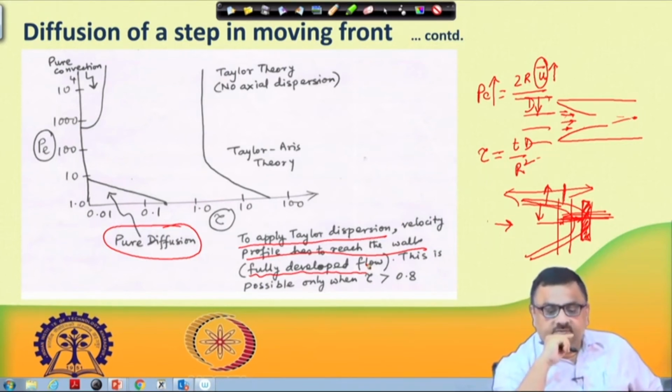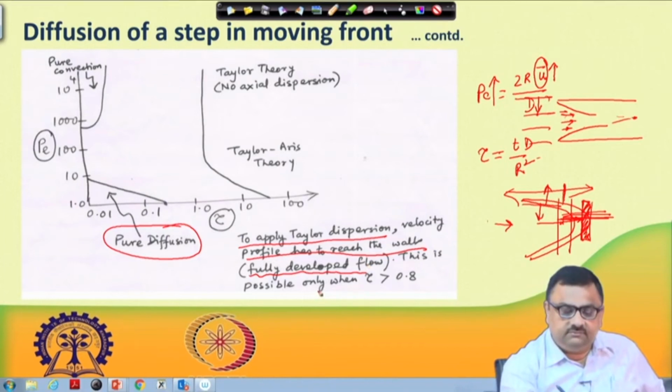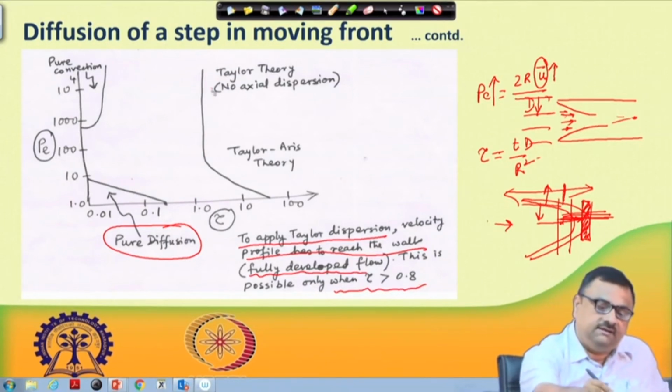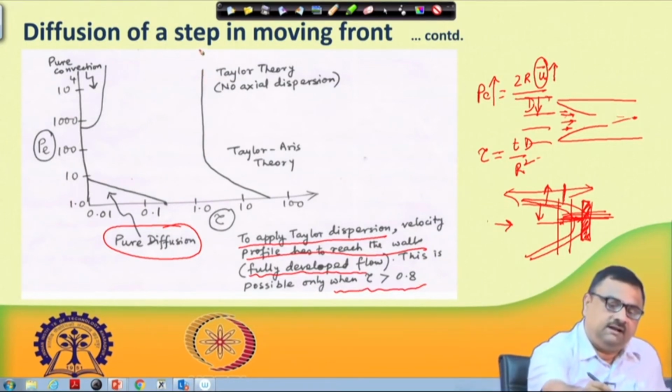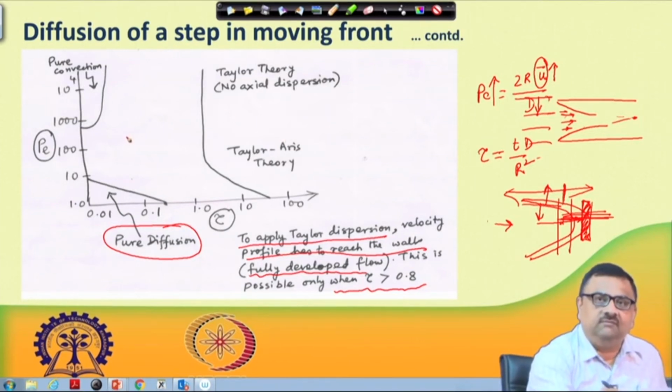This is a typical empirical information that the researchers are providing, possible only when tau is greater than 0.8. So, you can see here there is a line almost, and they said that if tau is greater than this number, then only Taylor theory, Taylor-Harris theory, Taylor dispersion, all these things will matter. If tau is less than this, they do not matter.